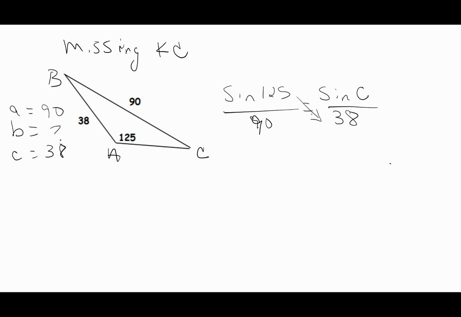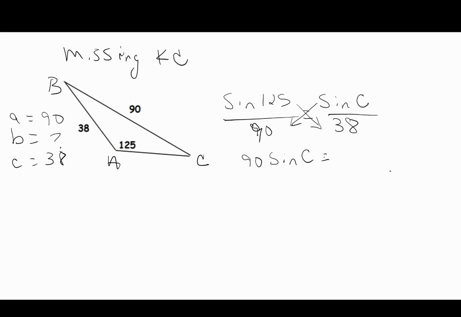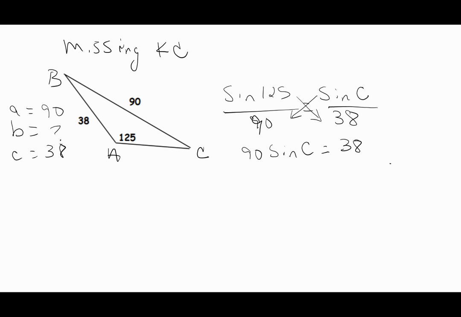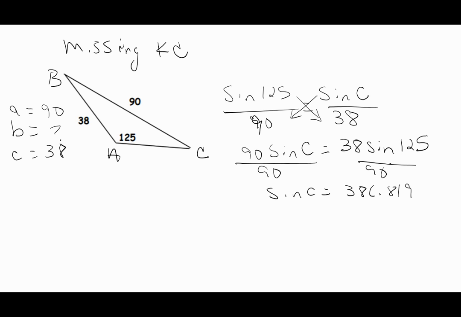Cross multiply. 90 times the sine of C is equal to 38 times the sine of 125. Divide both sides by 90. And the sine of C is equal to 38 times the sine of 125, which is 0.8191, divided by 90.